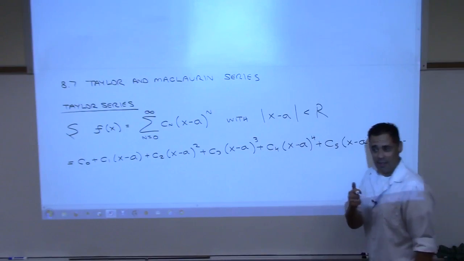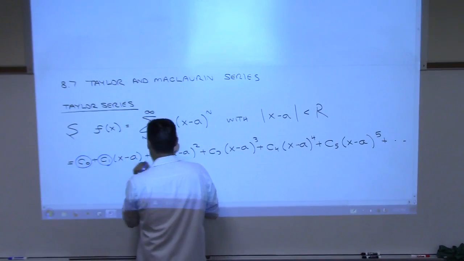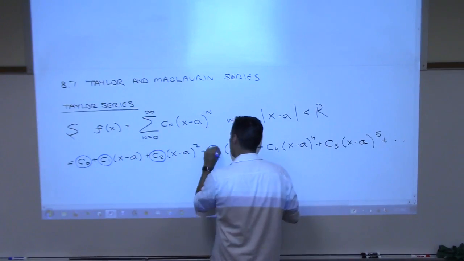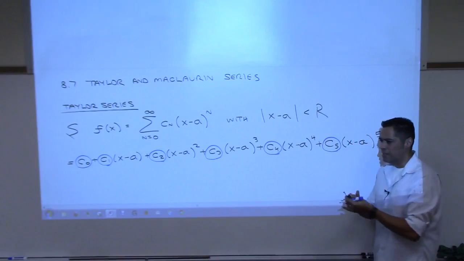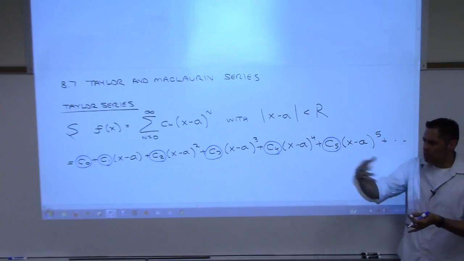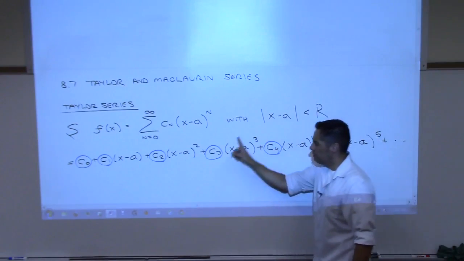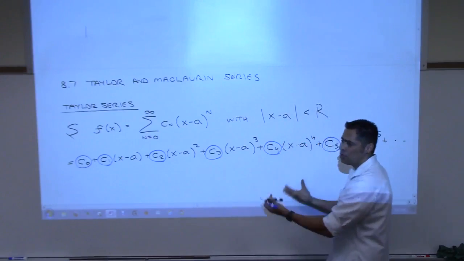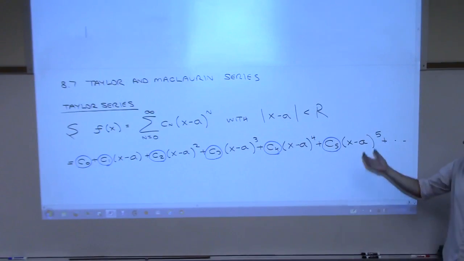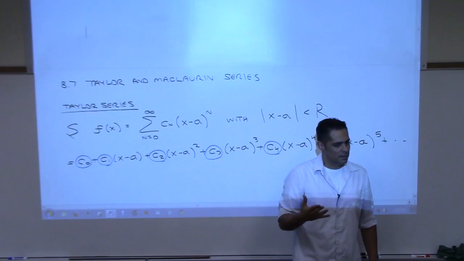The constant. That's the part that's different. This is going to be something, this is going to be something, this is going to be something. These numbers are the things that actually govern it: you give me a function, each function is going to have a certain set of constants. Everything else in the power series should look the same. It should be x minus something to the fifth, x minus something to the fourth. Does this make sense or not?